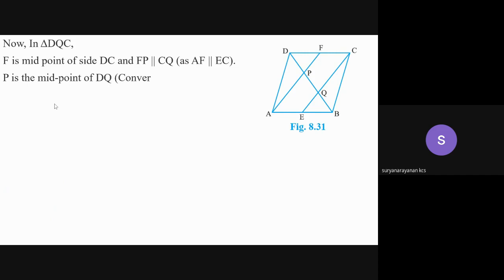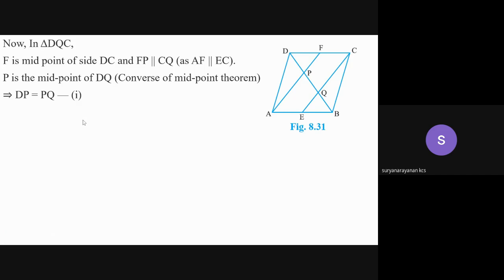Yes or no? This is the converse of the midpoint theorem. So here we proved DP is equal to PQ because P is the midpoint of DQ. So this implies DP is equal to PQ. Let us consider this is result 1.